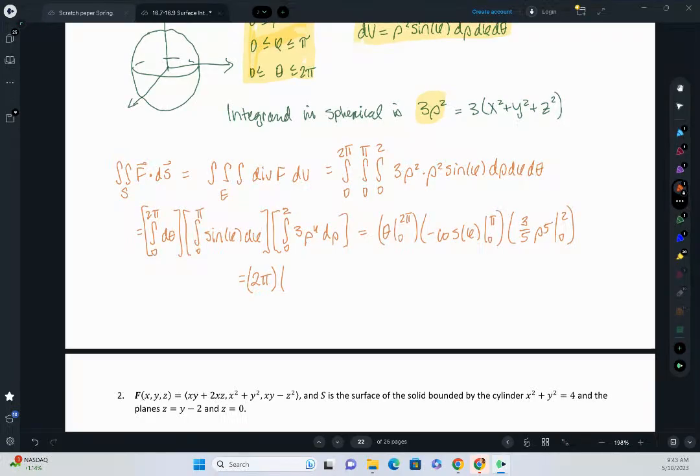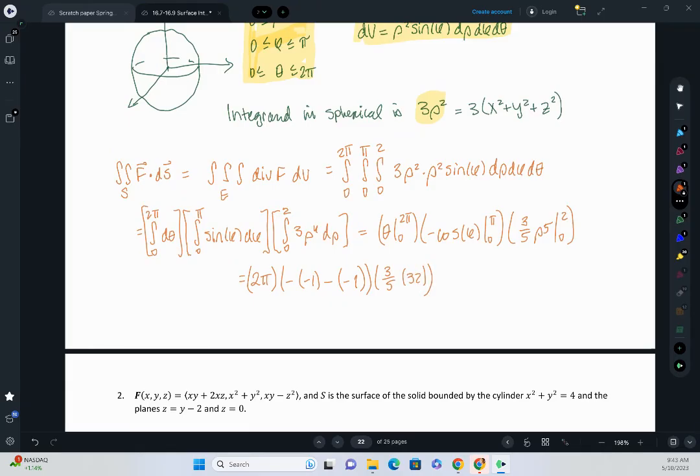And then in the next one, I have negative cosine of pi, which is -1, minus -1, right? Yeah, so that'll end up giving me a +2 there. And then from the next one, I get 3/5, and then 2 to the 5th is 32.